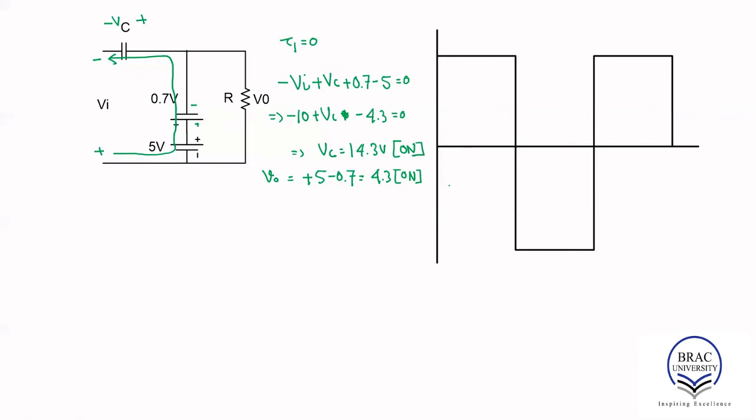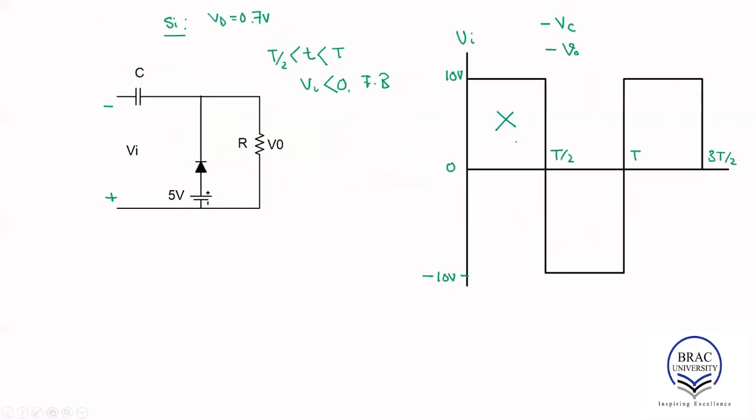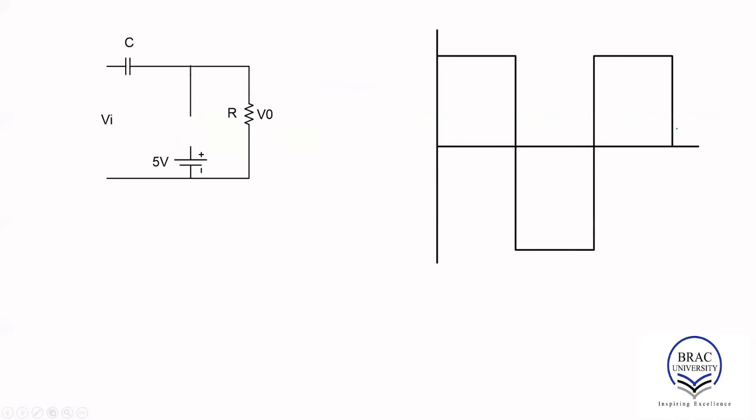Now when the negative half cycle is over, then comes the positive half cycle. So this is the half cycle we are going to consider, from T by 2 to T, 3T by 2.